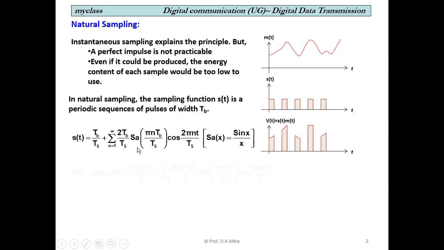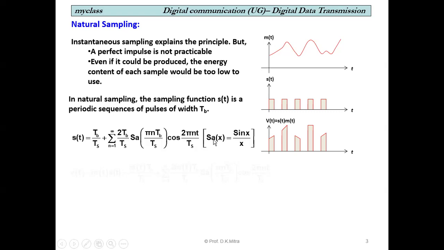And this amplitude also has got two parts. One part is a constant part, 2TB by TS. Another part is a time domain function, right? This is a sampling function, they call it in mathematics. The sampling function is given here in the bracket.